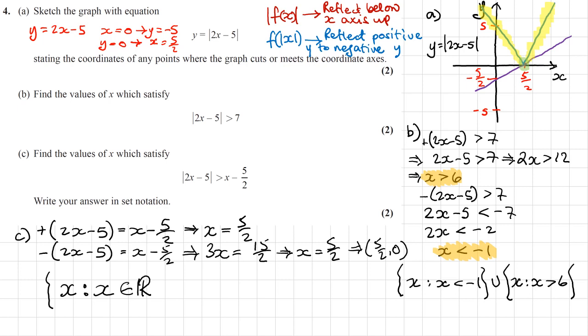And then we put a comma, we're going to put a condition, except where x is equal to 5 over 2. So what I've got in set notation here is that my variable is x. The solution to this is for all values of x, comma, except where x is 5 over 2. So that will be my solution for this question.